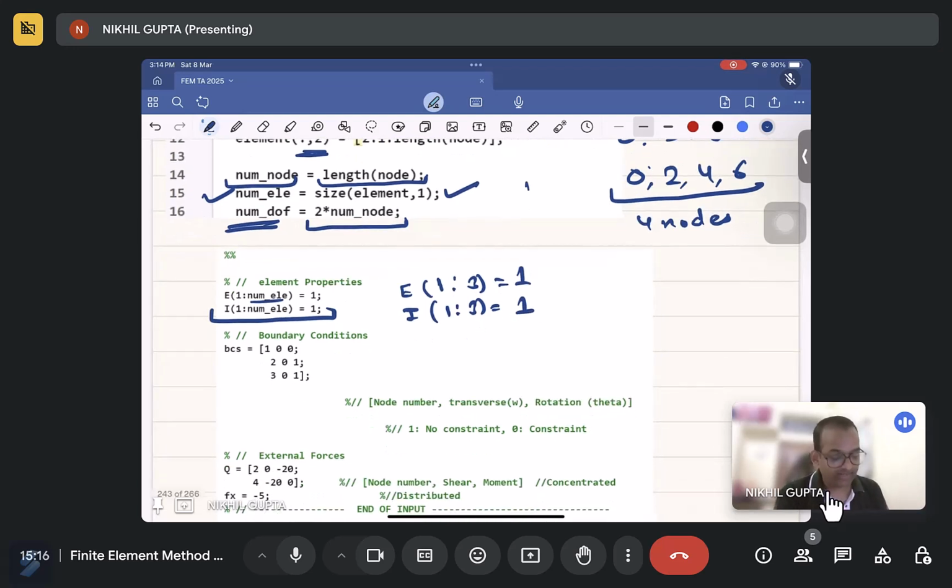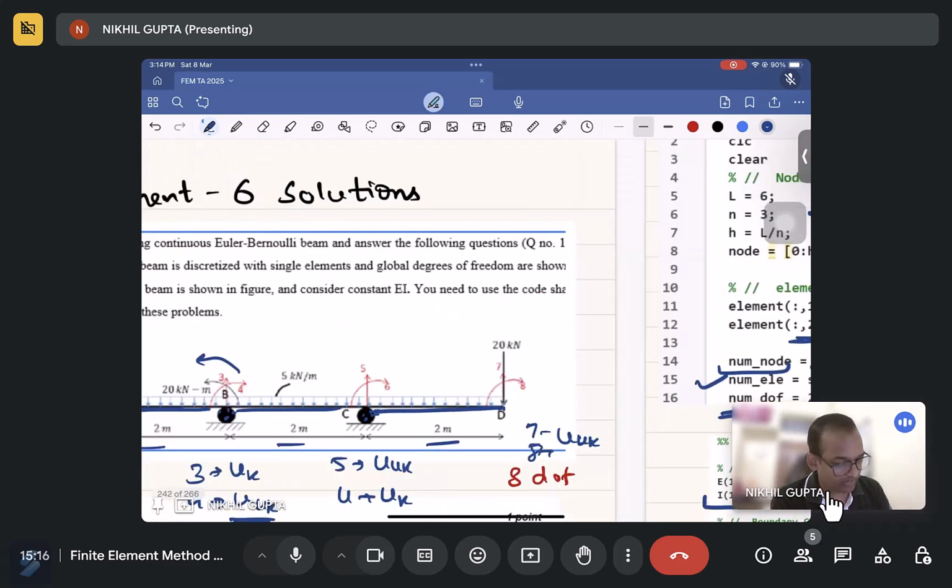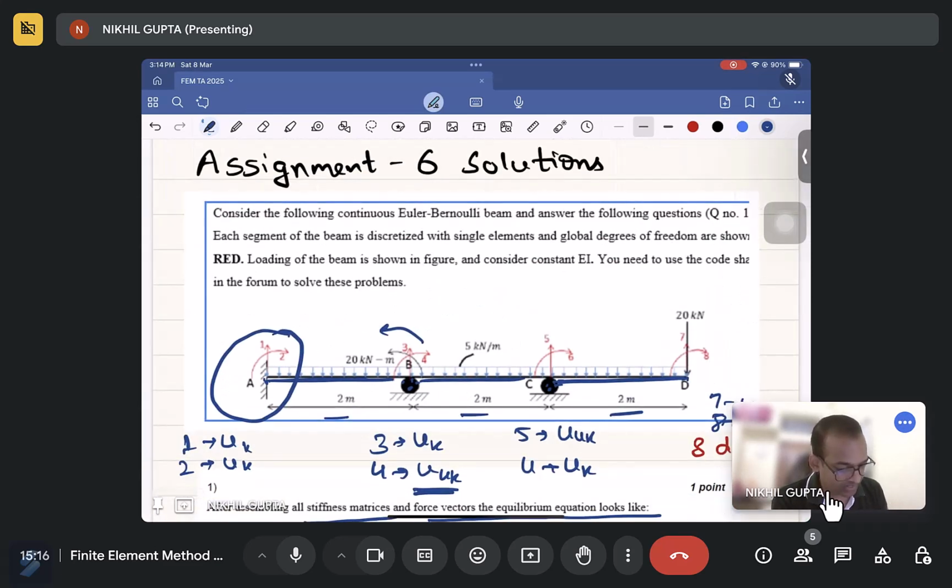Now you have to define the boundary condition of your beam. So the first column defines the node number at which the boundary conditions are applied. So boundary conditions where it is applied, it is applied at first node, second node, and third node. The fourth node has no boundary conditions as there is no external support.